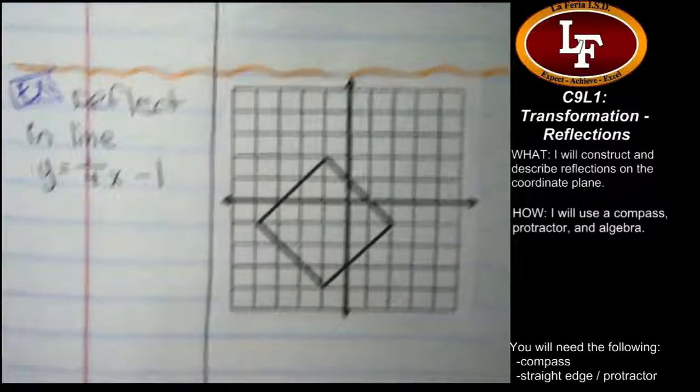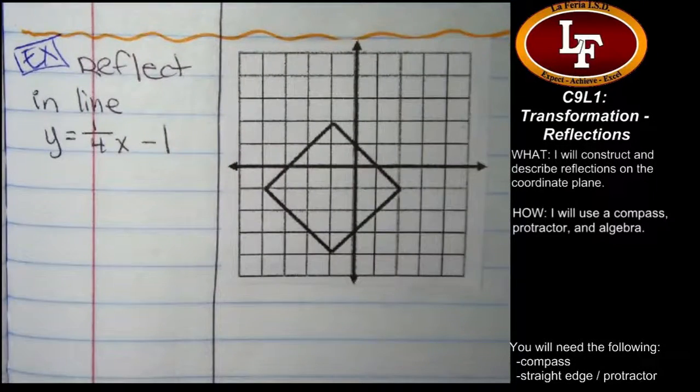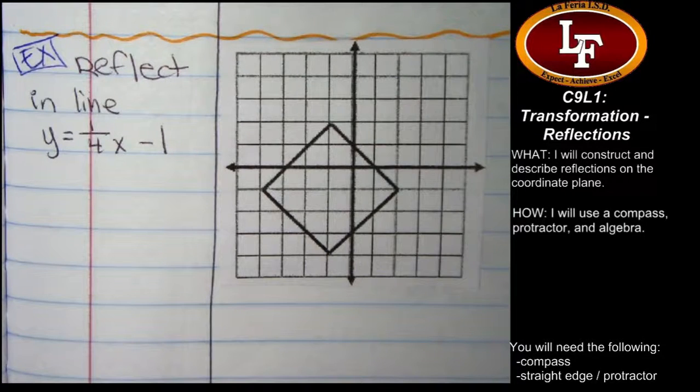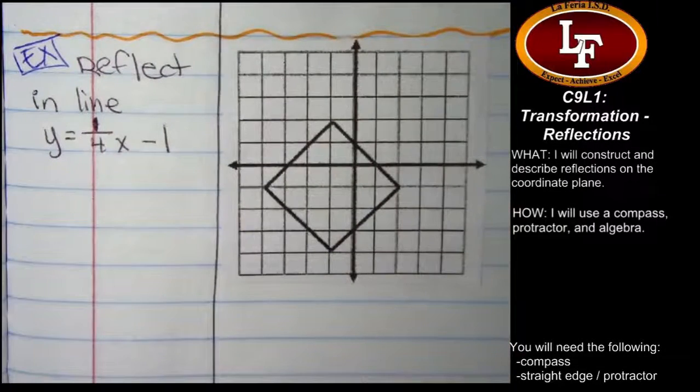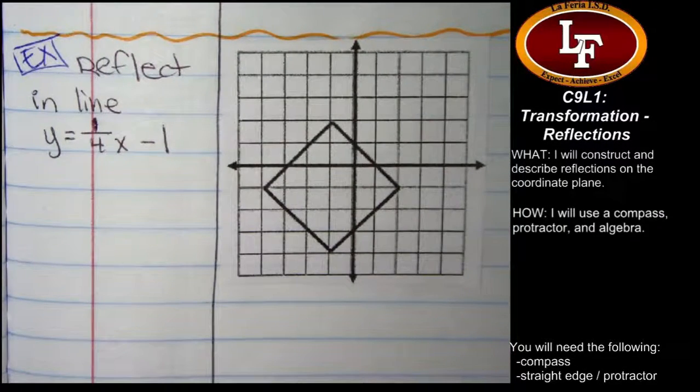The last one is a challenge for you guys. Because on this one, you're being asked to reflect not across an axis, and not across a line y equals x, but across a line that has a non-1 slope.